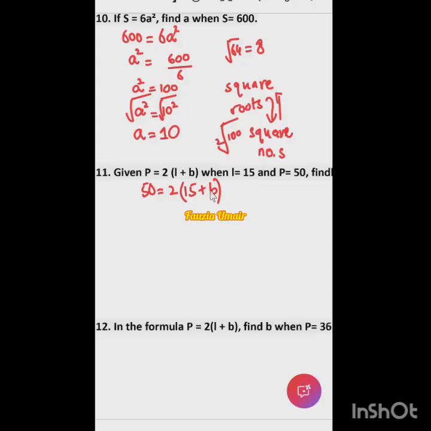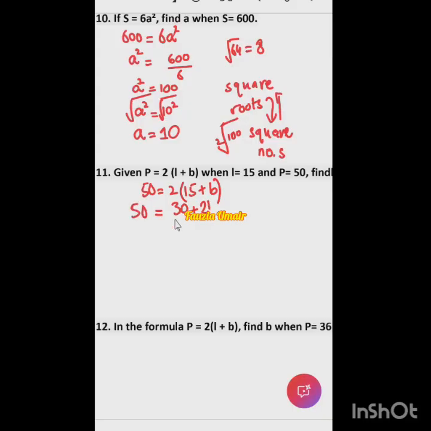So the first step is just put all the values. Whichever variables you know, just put those values in the places where they are. So now what to do? We will expand. So 2 into 15 is 30, plus 2 into B will be 2B, right?